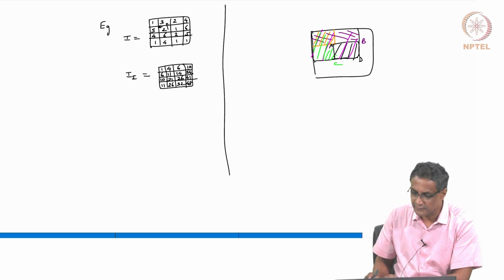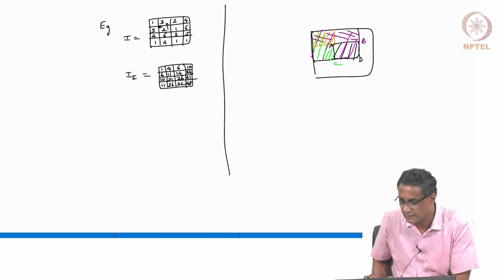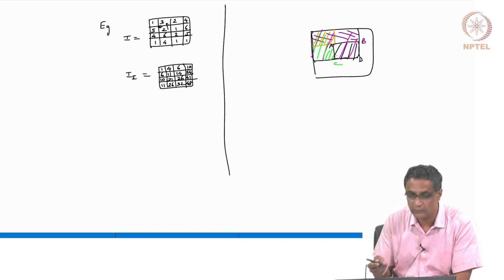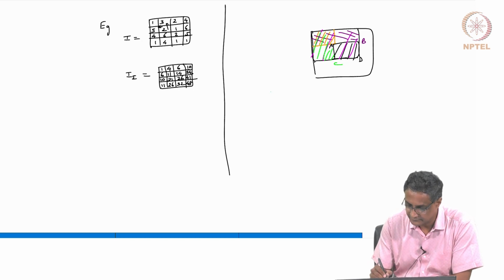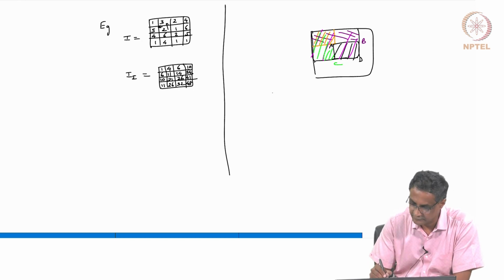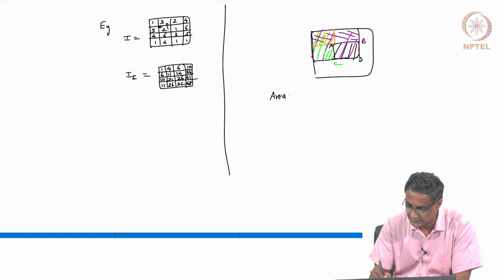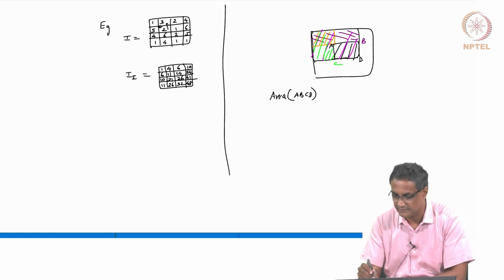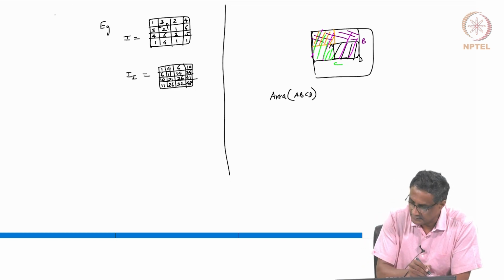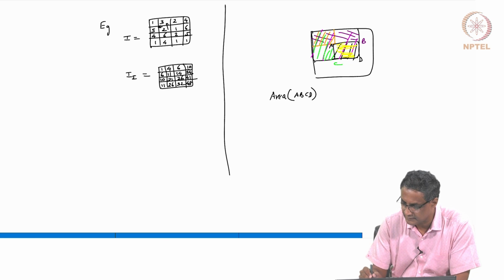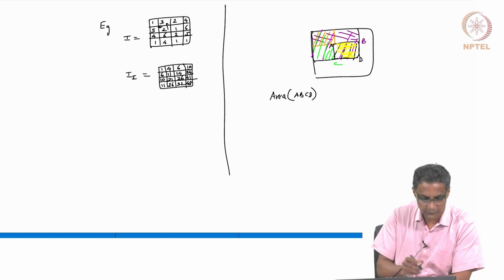Now if I was interested in the area under A, B, C, D, that shaded region that I have here, I want the area. So what would you do?